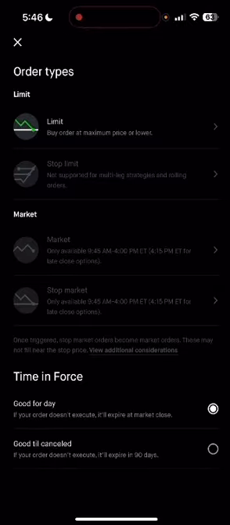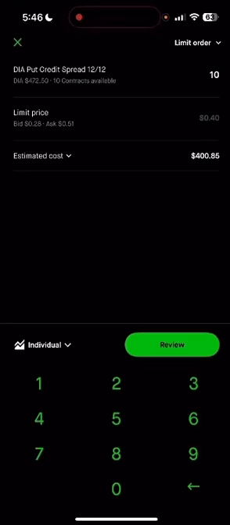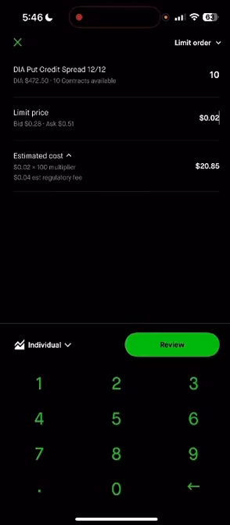One of the things Robinhood does is default to good for day, so you don't want that. You want it to be good till canceled. You have to go in and manually hit that every time. It does not allow you to change your trade preference. Okay, so you have 10 contracts, or one, or whatever it is. You set it for 2 cents. Again, they add in 85 cents of fees.